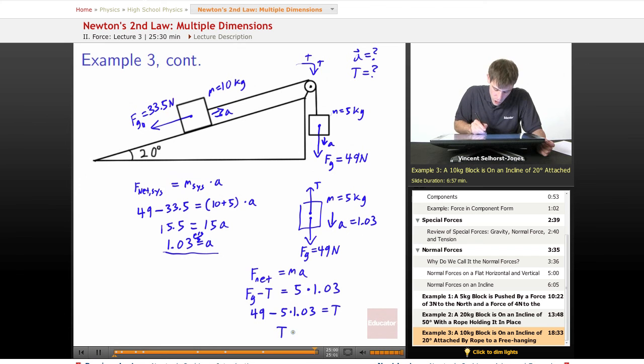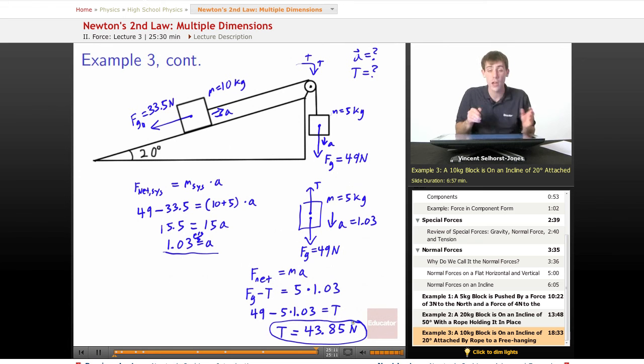So the tension is equal to 43.85 newtons, which makes a lot of sense, because if the block is going to be able to fall, there needs to be slightly less tension in the rope, because it has to have a net force that is stronger downwards than upwards. Otherwise, it won't accelerate down, it'll accelerate up.